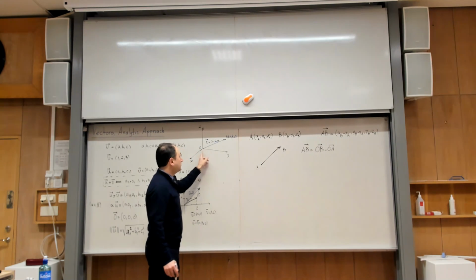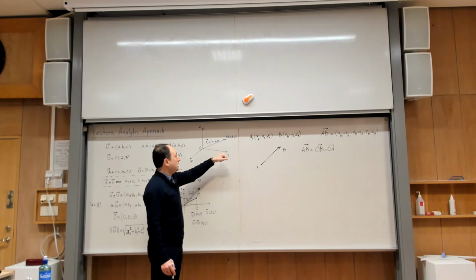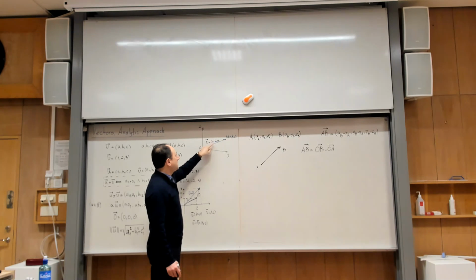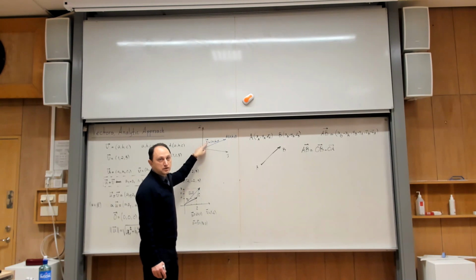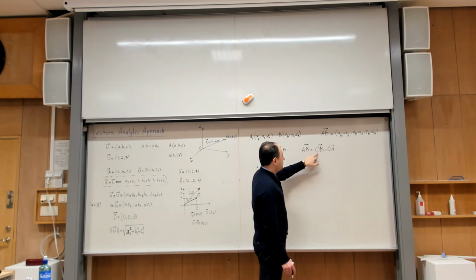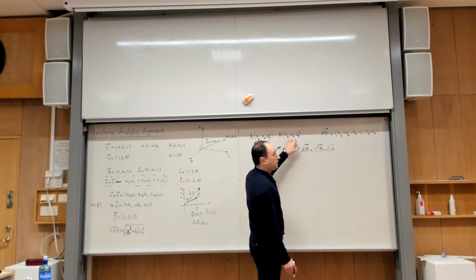You see, if I draw it from the origin, what happens? The coordinates of the tip of this vector are exactly the same numbers as the components of the vector. So if I ask you, can you tell me the components of vector OB? Because O is the origin, in this case, I take these numbers.